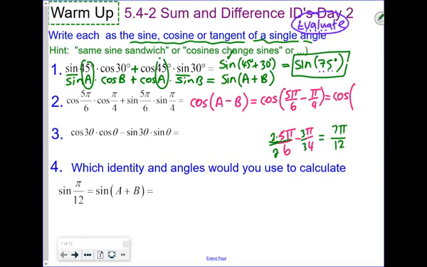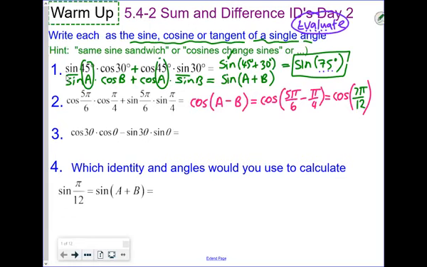I've got 7 pi all over 12. Did you need to show that work with fractions? Nah, that's middle school. You don't even show that, okay? Unless you're going to get it wrong and want me to give you some credit for the work, yeah? If you get it wrong, I can't give you any credit for the work if you didn't show it.